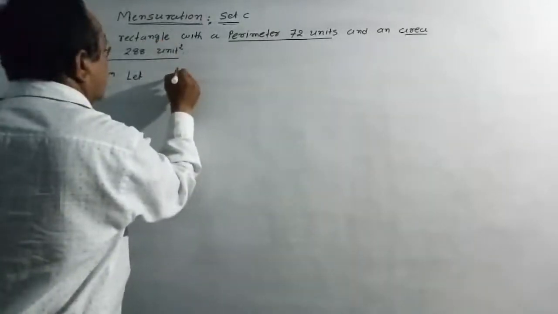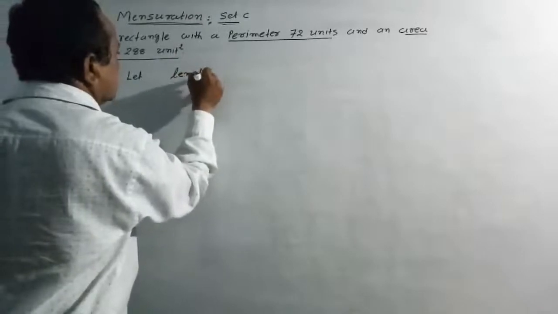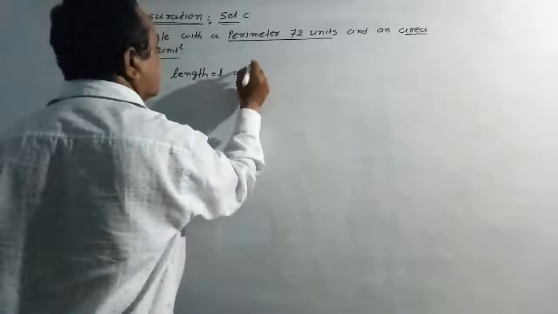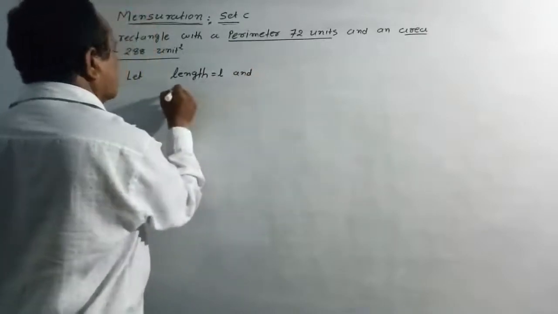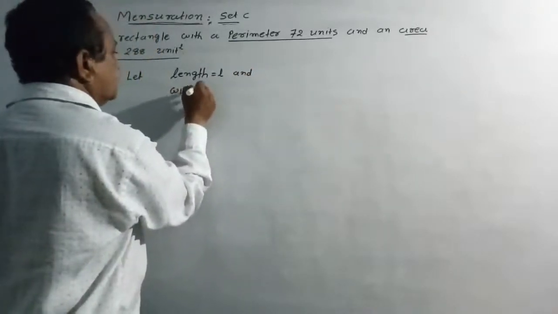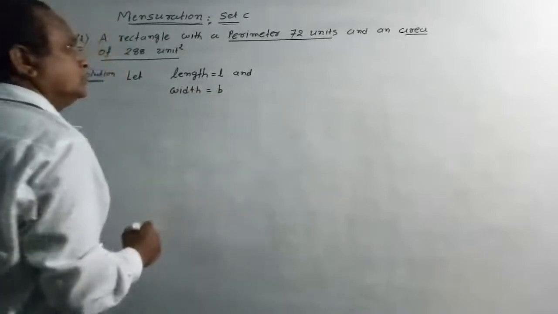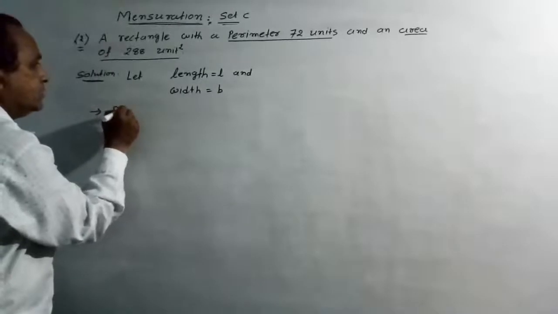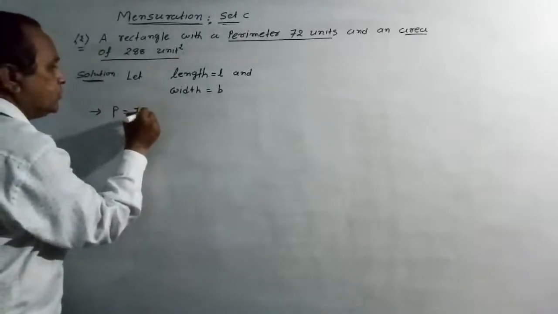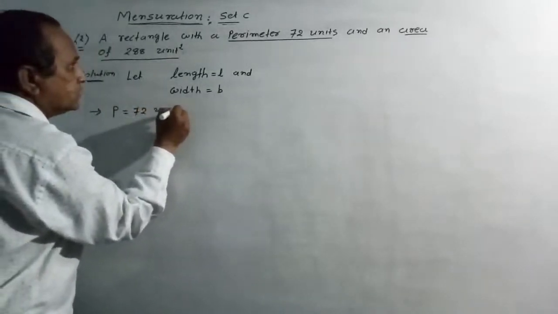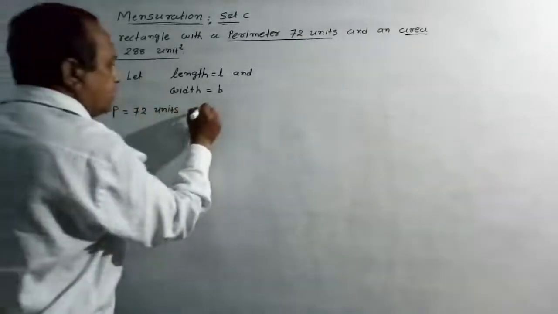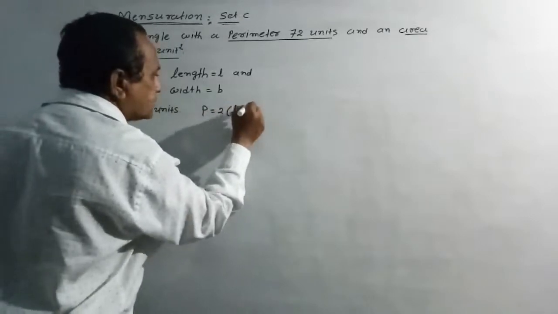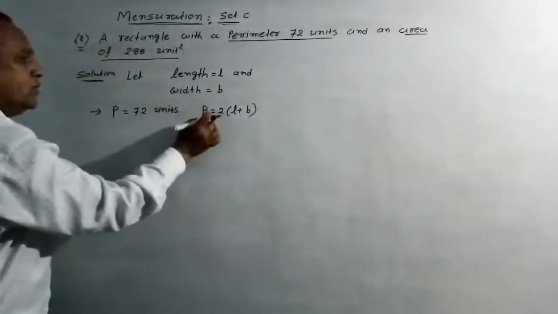Let the rectangle length be L and width be B. Now given perimeter P is equal to 72 units, and the formula of perimeter of a rectangle is 2 multiplied by (L plus B).